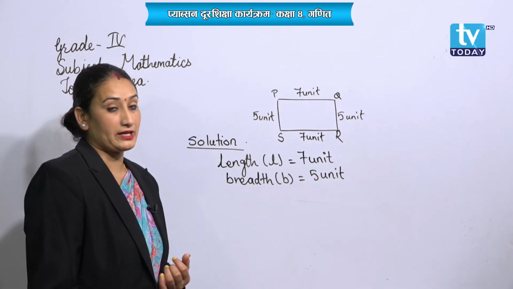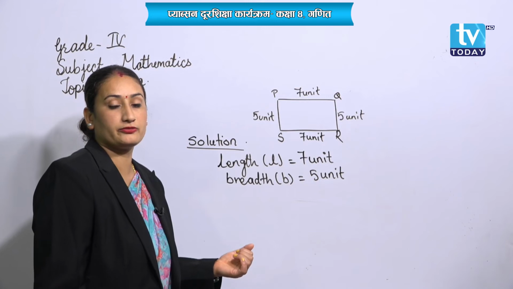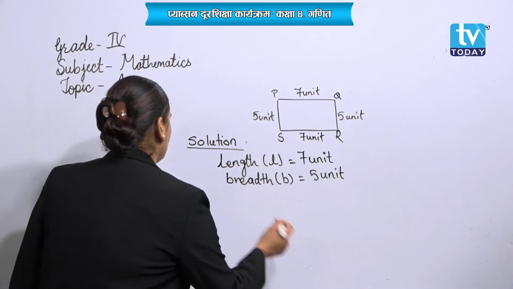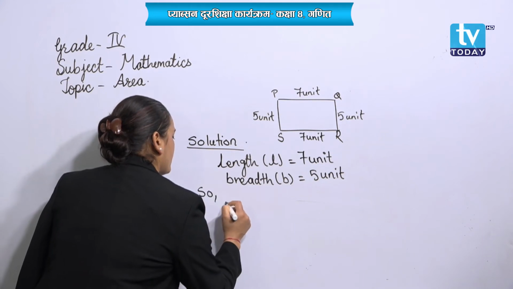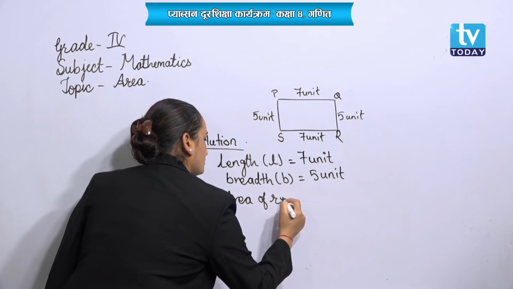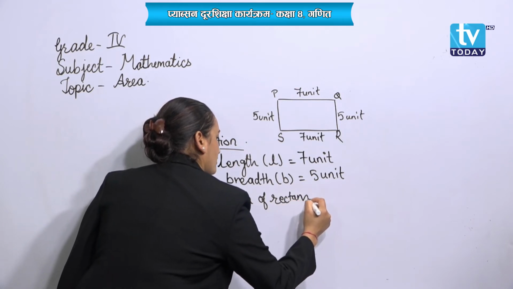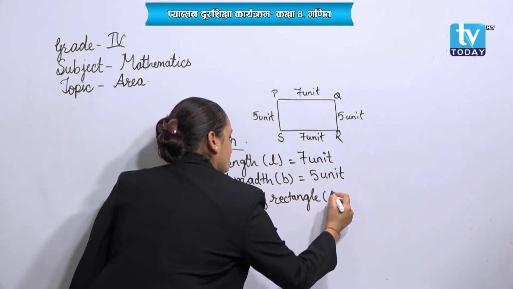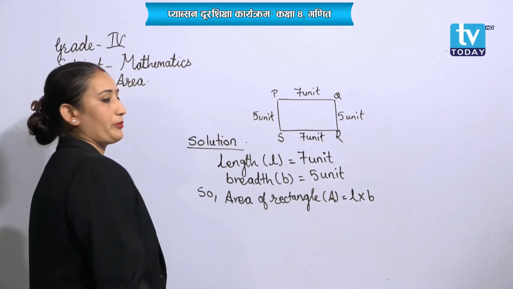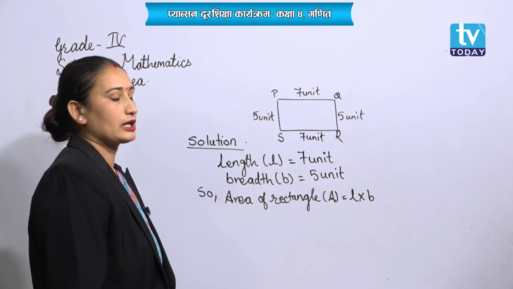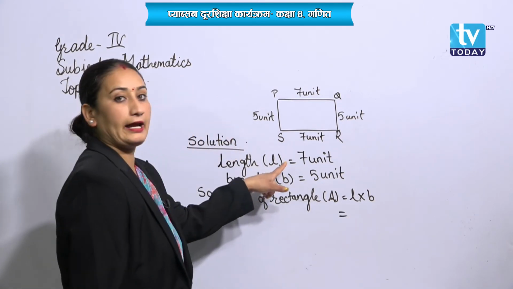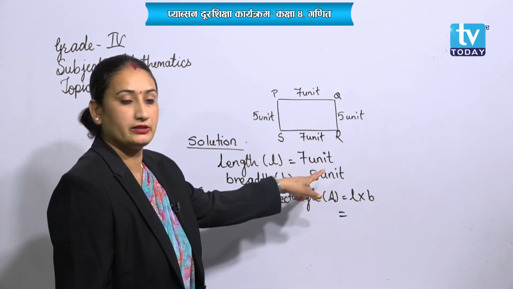Now, by using a formula, we are going to find the solution. It's the second method. So, area of rectangle A equals L into B. Done? Good. So now please write down L, it's 7 units, right?